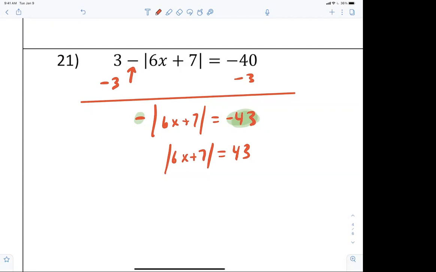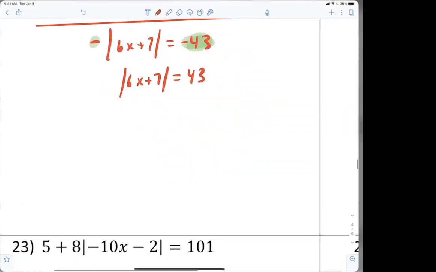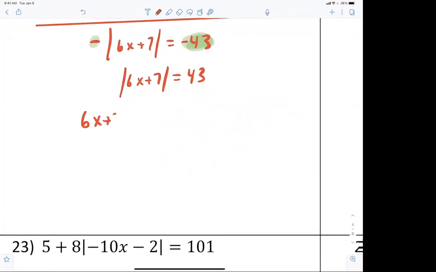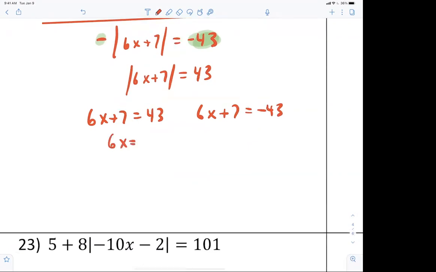Josh, you working? You got this? All right. Now we write down 6x plus 7 equals 43. 6x plus 7 equals negative 43. Subtracting 7. 6x equals 36. X equals 6.